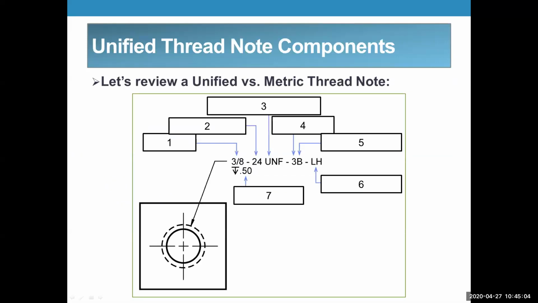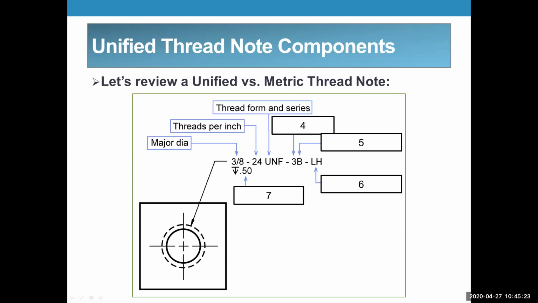So let's take a look back at what we talked about last week. We're looking at a unified and a metric thread note. The first position is the major diameter. The second position is the threads per inch. The third position is thread form and series.